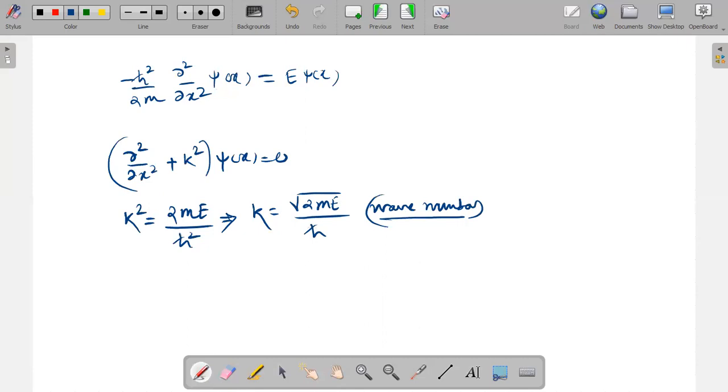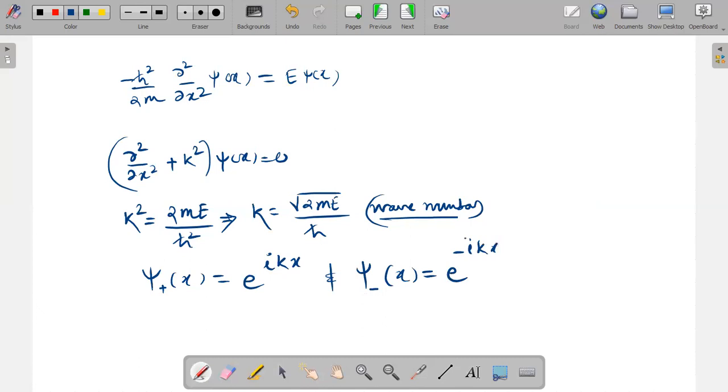The most general solution of this is a combination of two linearly independent plane waves, that is, psi plus of x equal to e raised to ikx, where k is a variable, and psi minus equal to e raised to minus ikx.